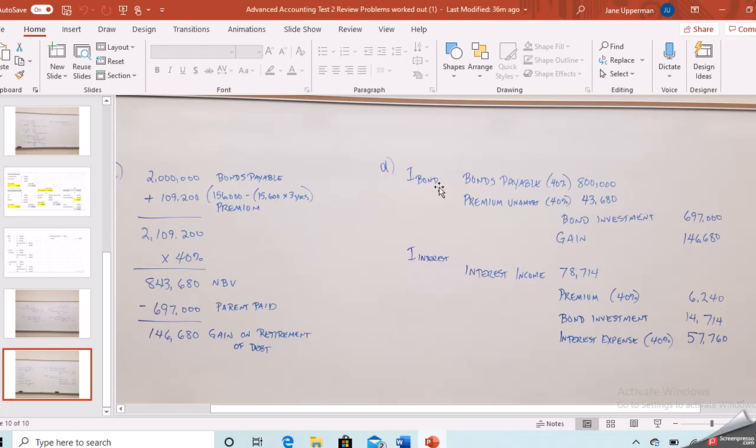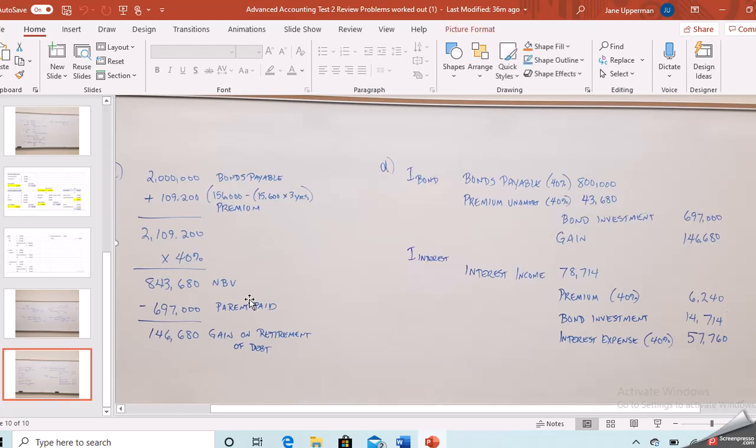So on the parents' books, they have 40% of their bond would be $800,000. 40% of the unamortized premium would be the $43,600. But again, it's this amount broken out between the bonds payable and the premium.